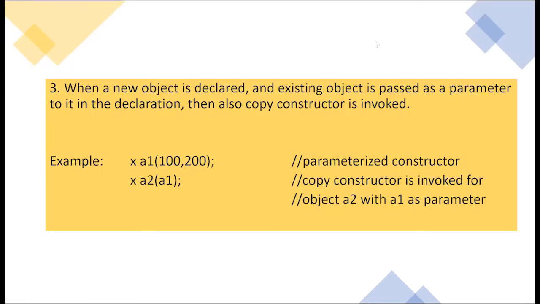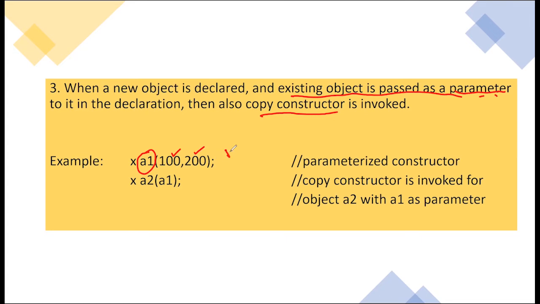The third type is when an object is declared, and an existing object is passed as a parameter. This we have seen already on the first page, that when an object is passed as a parameter, a copy constructor gets invoked. So see here, I'm creating an object A1 and I'm passing 100 and 200.